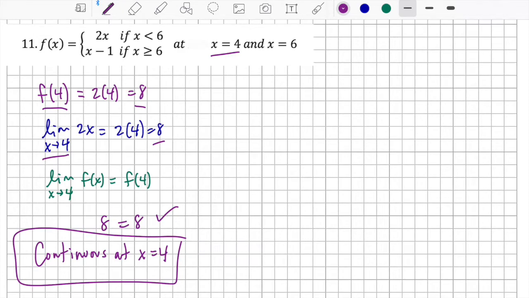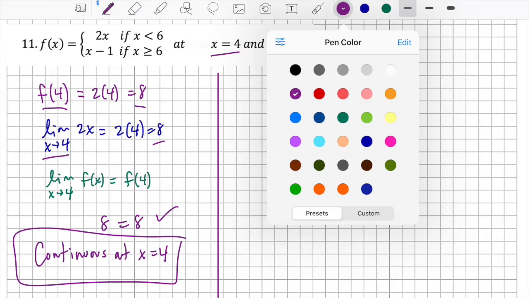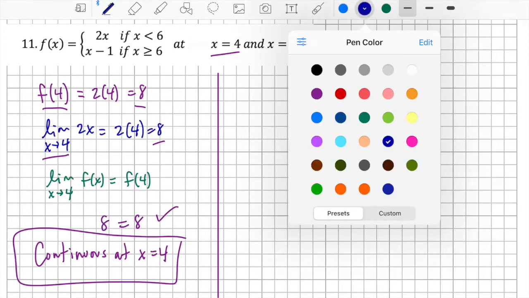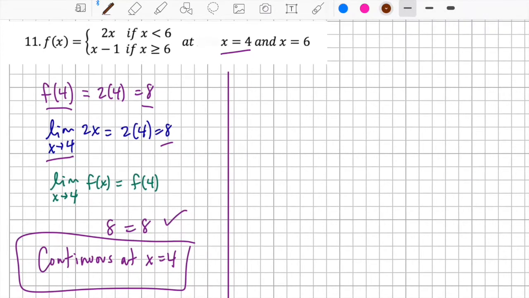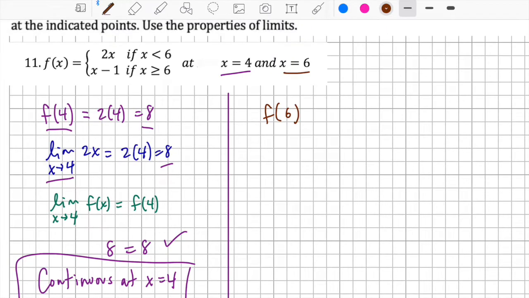So now we want to check, is it continuous at x equals 6? Let's start off by changing colors. Okay, now at 6, is it defined? What is f of 6?